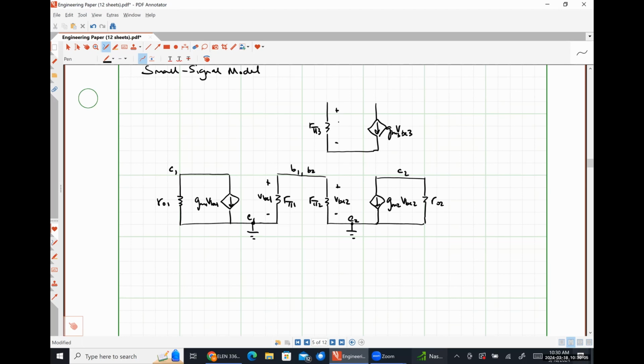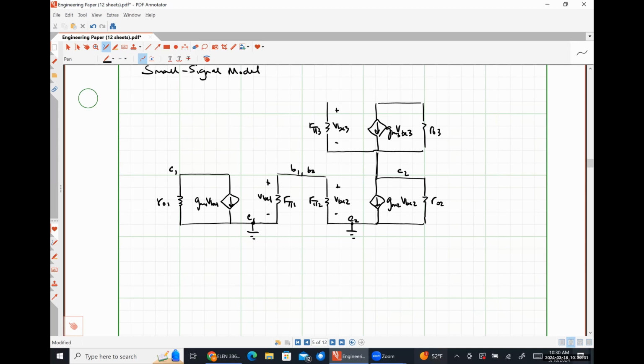Here's the voltage, VBE3. R03. The emitter of transistor 3 is tied to the collector of transistor 2, so I'm just going to put a short circuit right here.